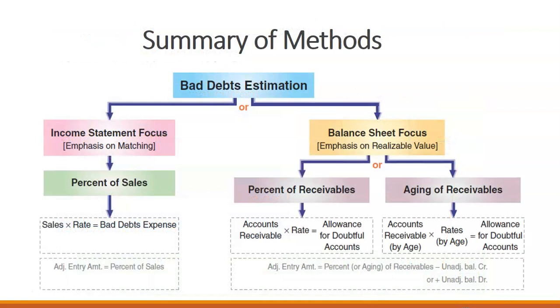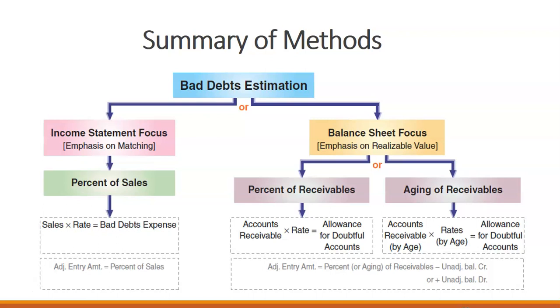So these are our different methods. So we have the percentage of sales, which focuses on the income statement. So it's our sales times the rate equals our bad debts expense. Our adjusting entry amount is the percent of sales, bad debts expense.